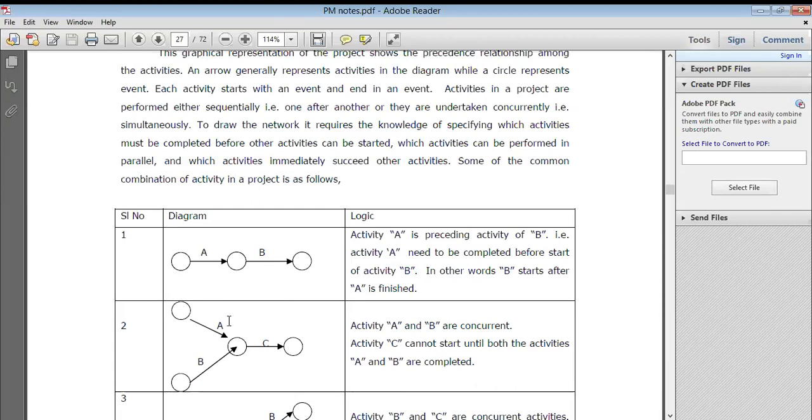So that day we saw what kind of diagram and logic we have to use, and for each particular path we give a code or name like A, B, C, D, E. So it's easy to show that particular path. The work goes on phase wise, group wise: group A, group B, group C. So it's easy to define which group completed their tasks at which time.